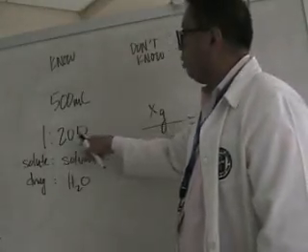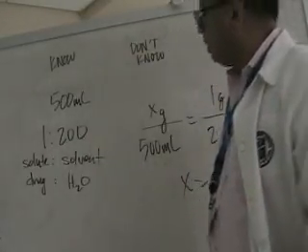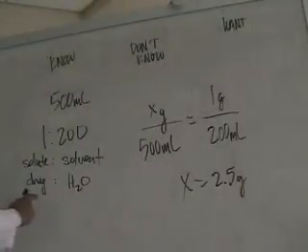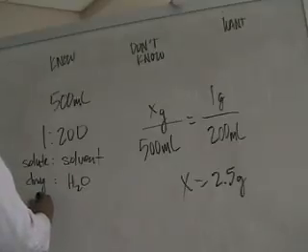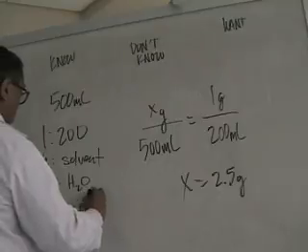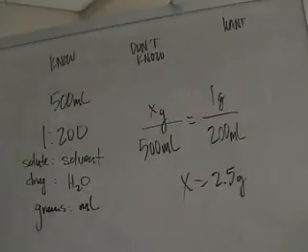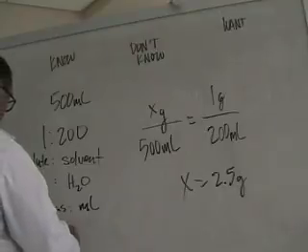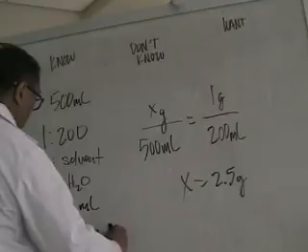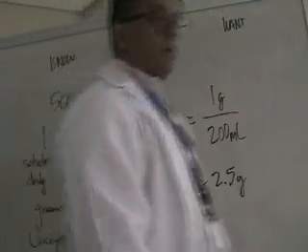What does 1:200 really mean? How much solute is to solvent? How much drug is to liquid? How many grams is to milliliters or liters? How much weight is to volume? All means the same thing.